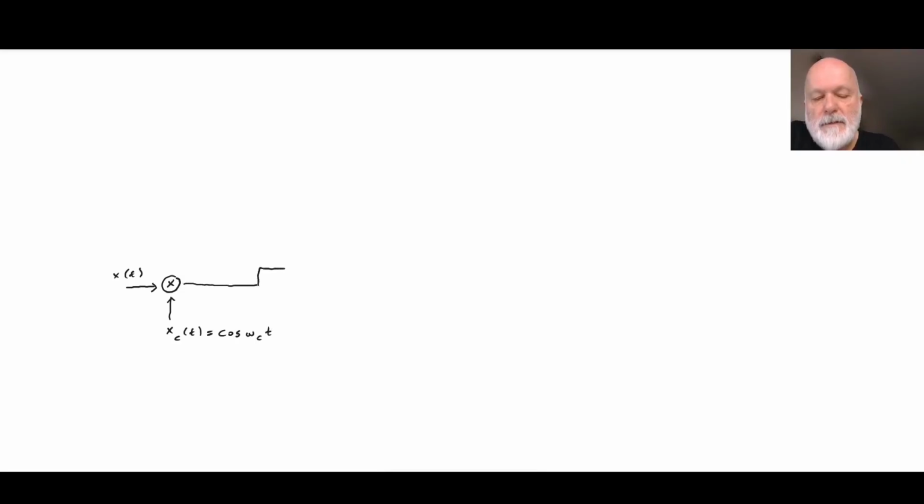If we just summarize what we have seen in this video in terms of the transmitter and receiver block diagrams, we have the information carrying signal x of t, and it is multiplied by the carrier wave or carrier signal xc of t, which is equal to cosine omega c t, and then this signal is transmitted by the transmitter antenna.